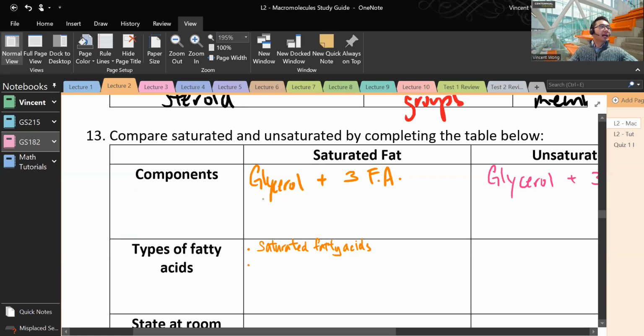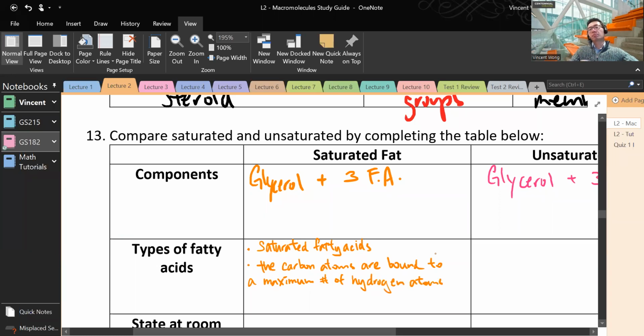What that means is the carbon atoms are bound to a maximum number of hydrogen atoms.